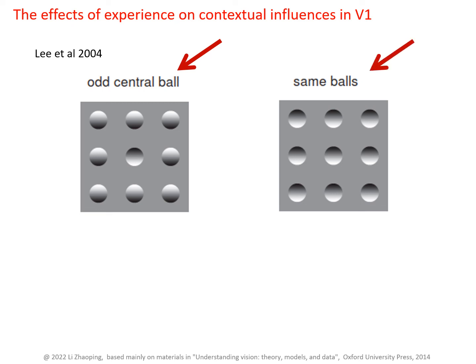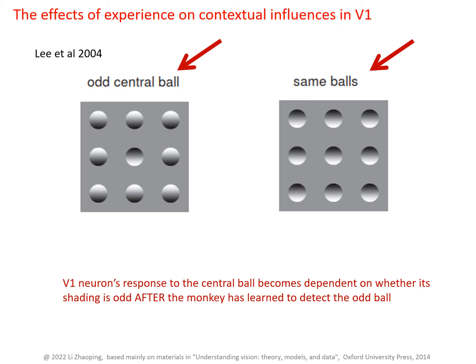In this case, all the balls have the same shading. Normally, the neuron's response to the central ball does not depend on whether its shading is the odd one out. However, after the monkey has learned to detect the odd ball, then the neural response becomes dependent on whether the ball within its receptive field has an odd shading or not.